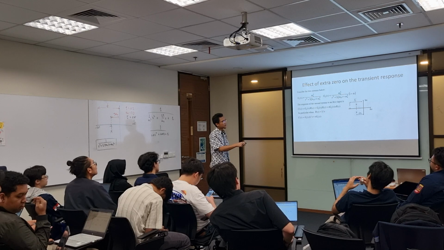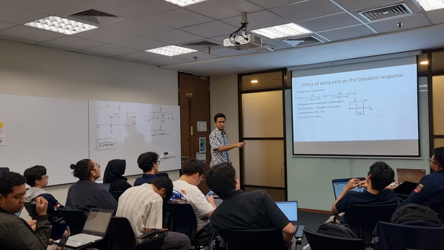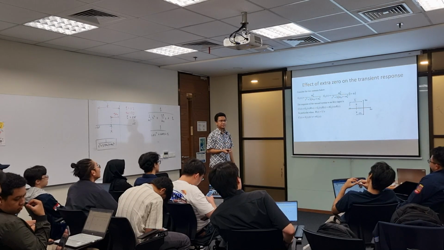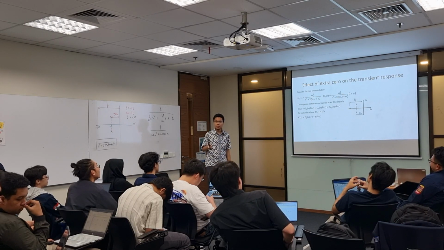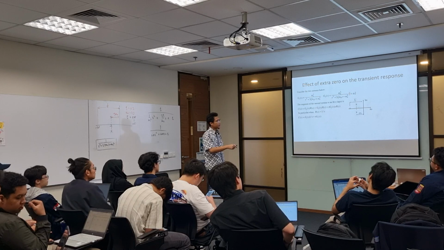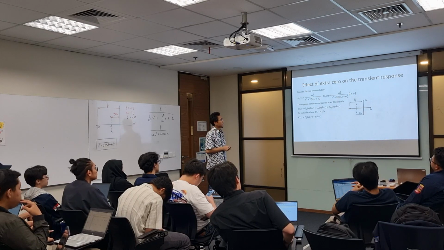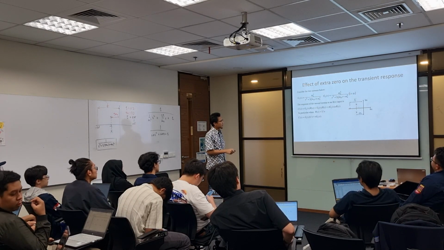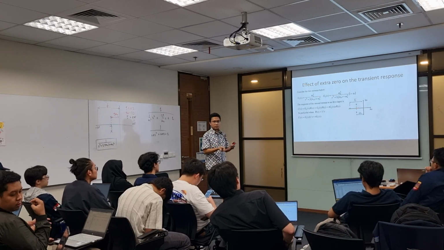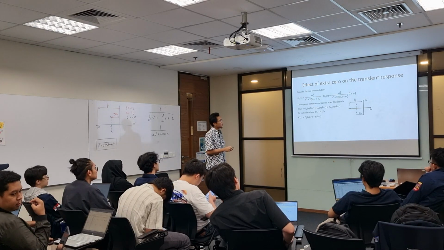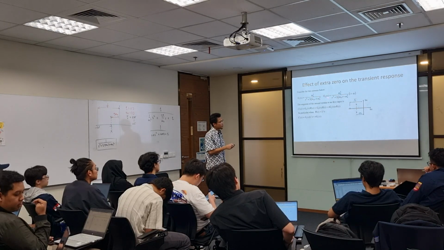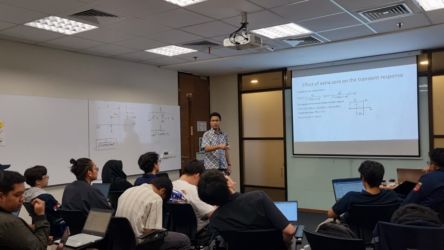The zero here is minus 1 over tau, not minus 1 plus tau. The first analysis that we do is to compute the response when system G2 is subjected to a step input.